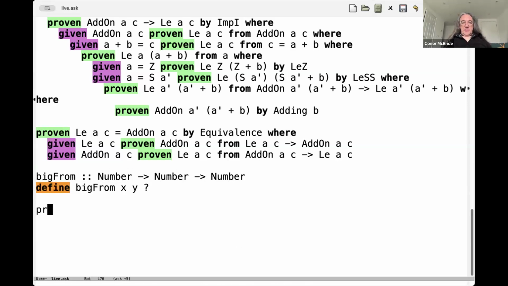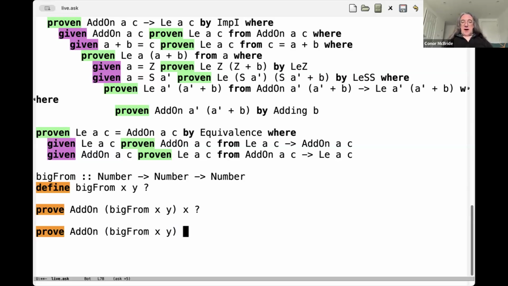Right, what I want to prove is that you can get from big from xy to x, and you can get from big from xy to y. Right, now that much is easy because I could always choose big from xy to be 0.